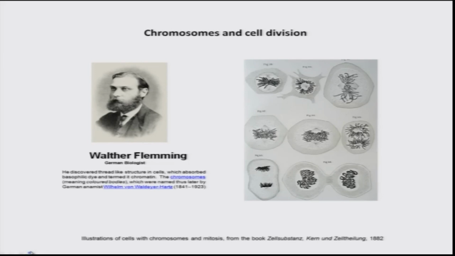by various scientists. One of them was Flemming, a German biologist who studied mostly plants, because that is where cell division to begin with was understood, using plants.